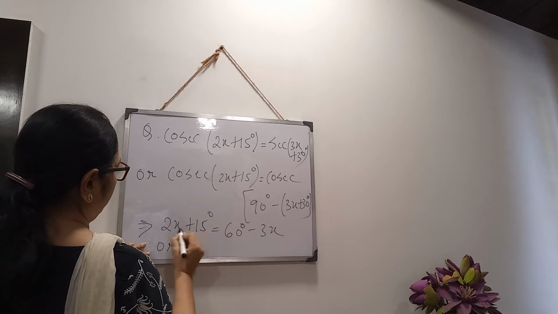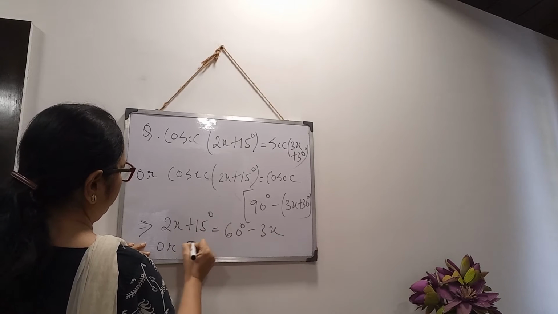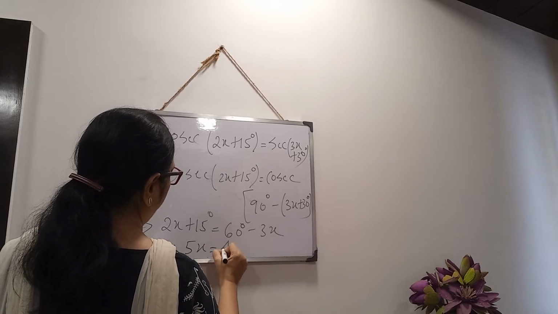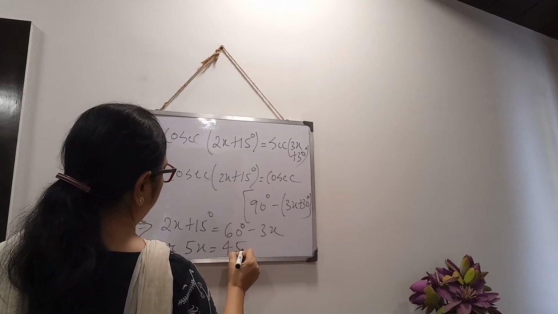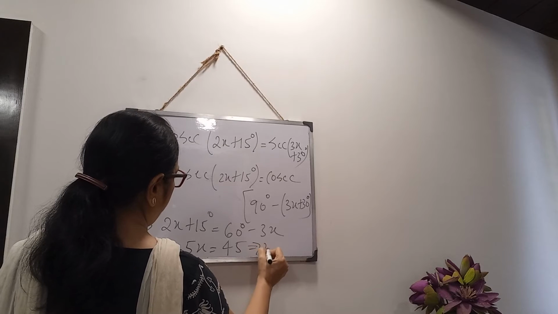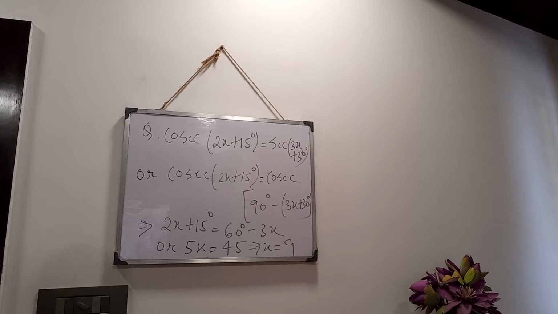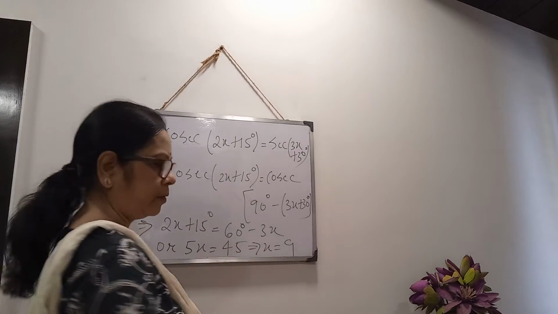Now 2x and 3x, this is coming 5x, and 60 minus 15 is 45. So x is coming 9. Clear? Value of x is 9.